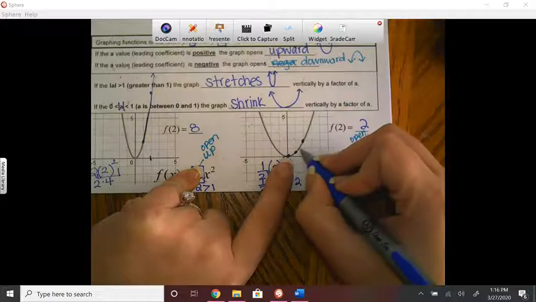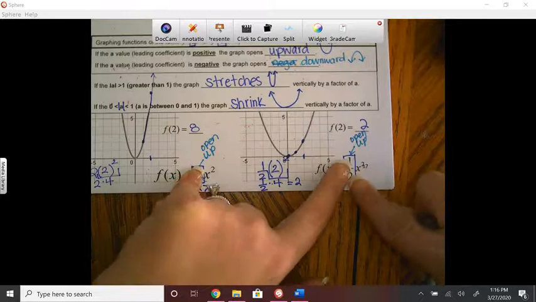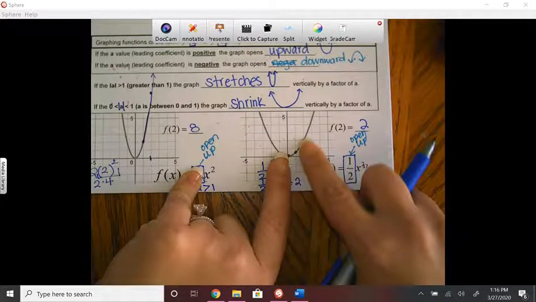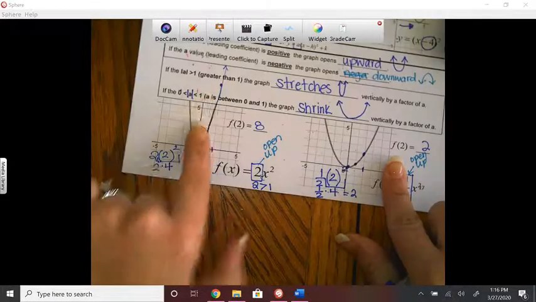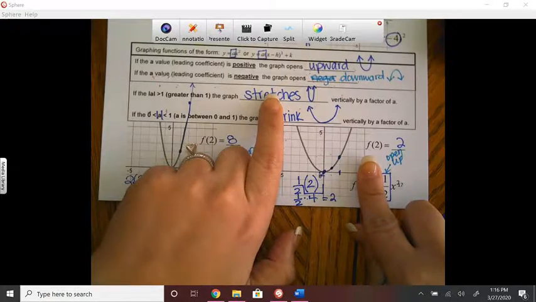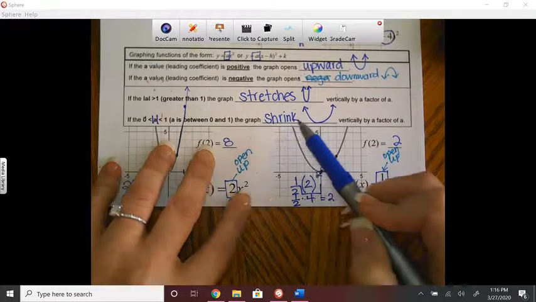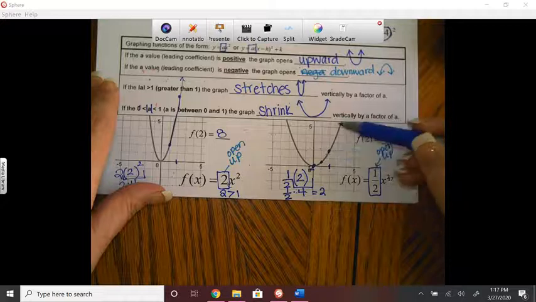That's what's causing it to be wider, the small number in the front. The coefficient here, when it's a small number, is not going to stretch up, causing it to look wider. So that's why mathematicians use the words stretches and shrinks. Think of it as, if it's a small number, it's making the output smaller, causing it to look wider.